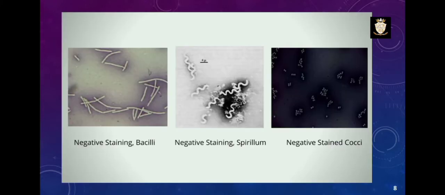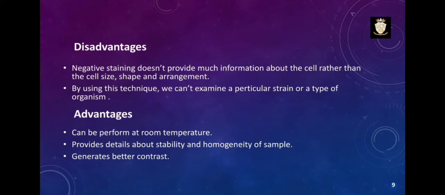Here are some examples of negative staining of bacteria: bacilli, the second one spirillum, and the third cocci. Then the disadvantages and advantages of negative staining. Disadvantages: negative staining does not provide much information about the cell other than cell size, shape and arrangement.